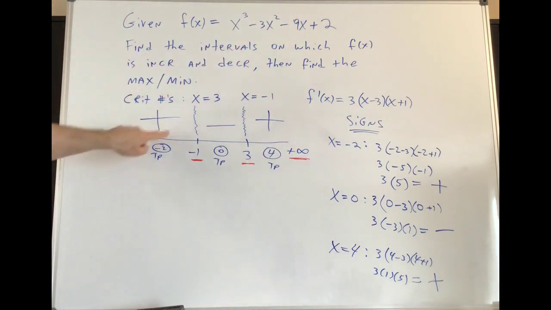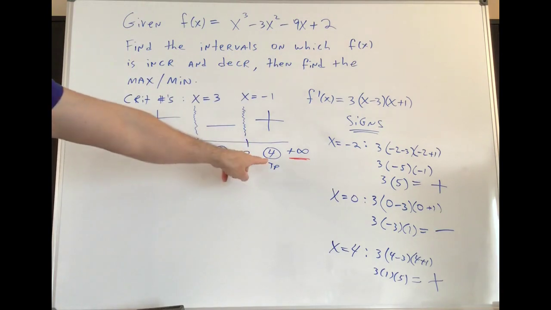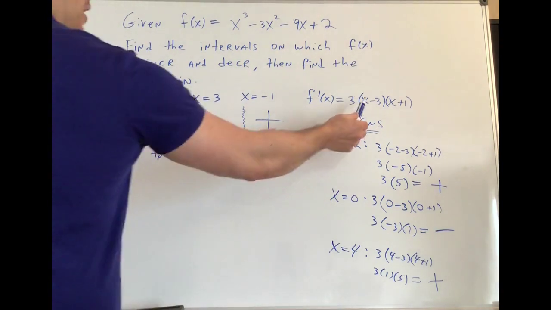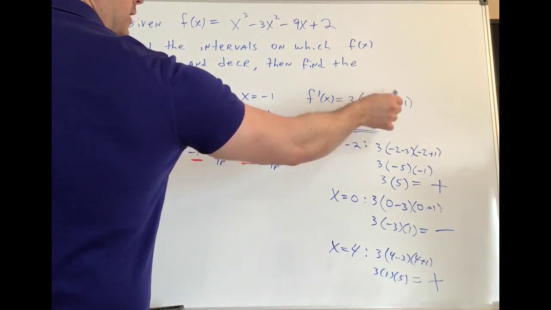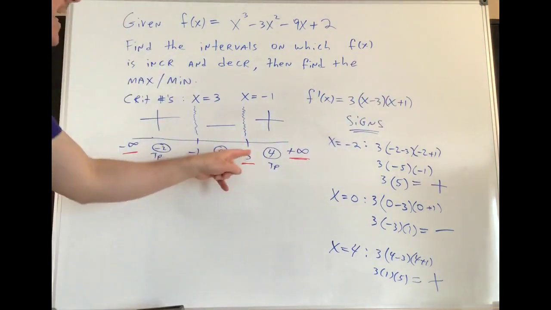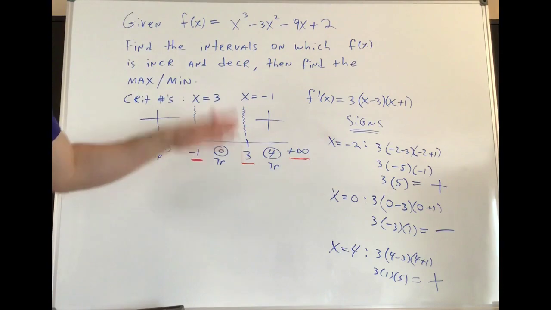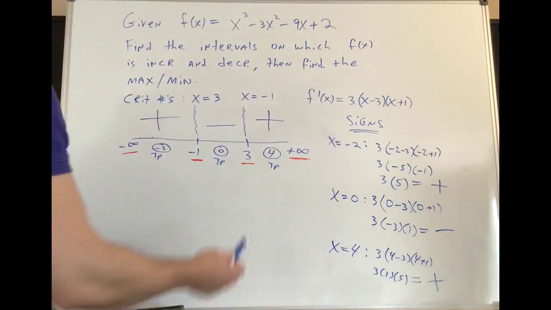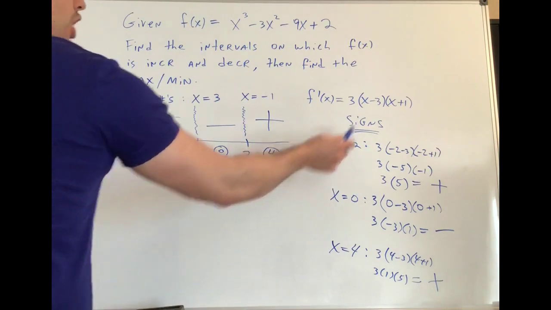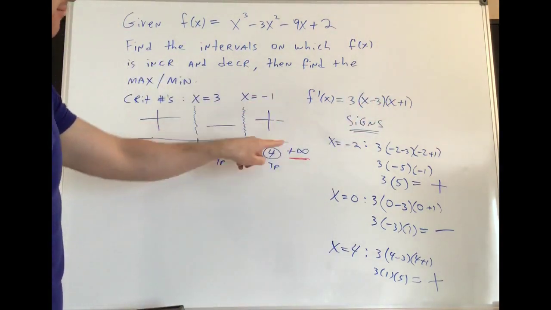The derivative, any number, you don't believe me? Pick x is 100. 100 minus 3, positive. 100 plus 1, positive. Positive times a positive, positive. Any number you pick larger than 3, 5, 7, 11, 20, whatever number you pick that's larger than 3, you will get a positive number out here.